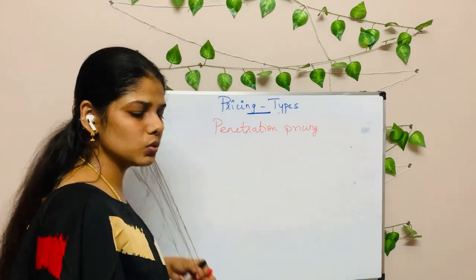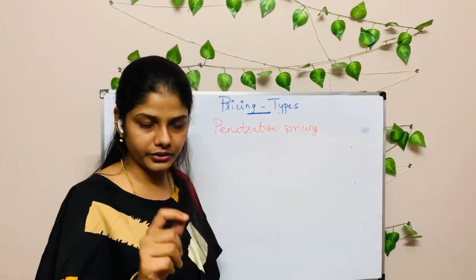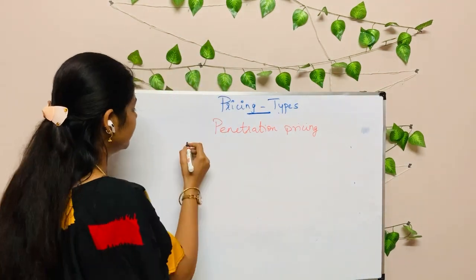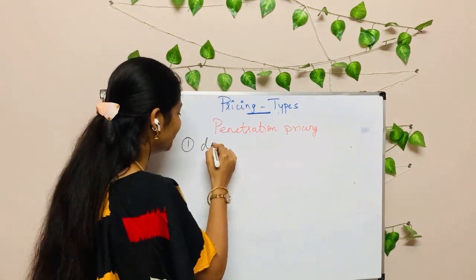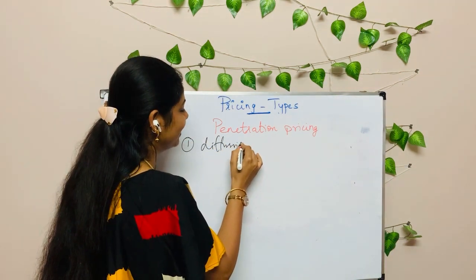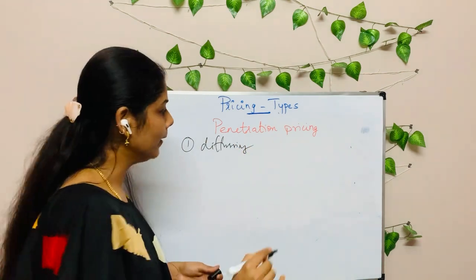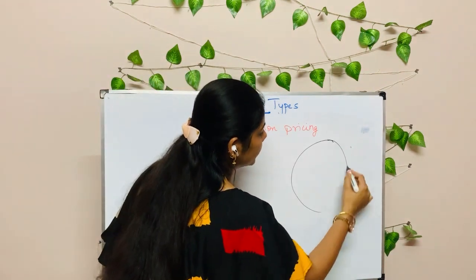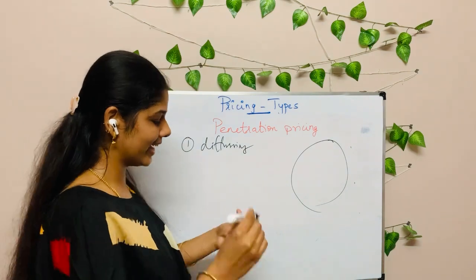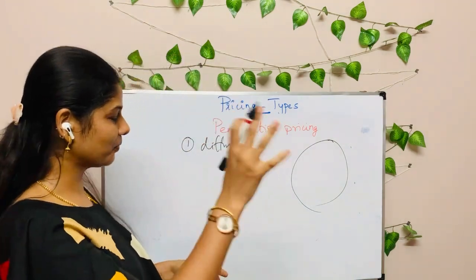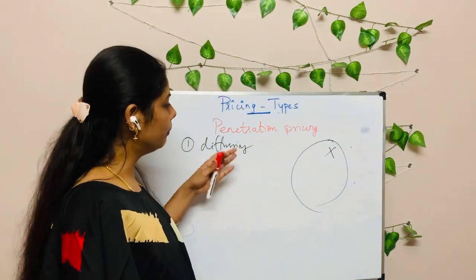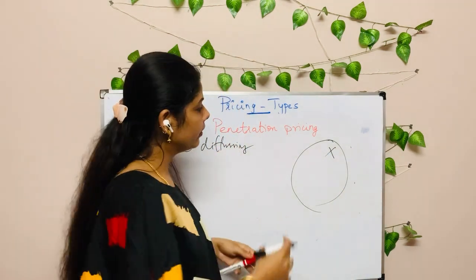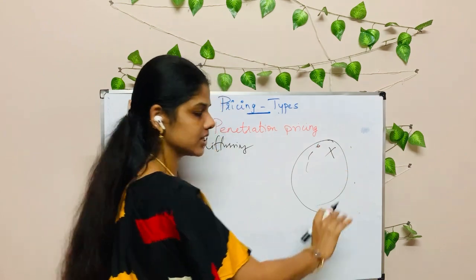So let us discuss the advantages of penetration pricing. The first advantage is that you start diffusing people. It means there is a group of people here. For example, I don't want to name any service provider, so let us take X. Before Jio entered the market, there were so many people in this circle.